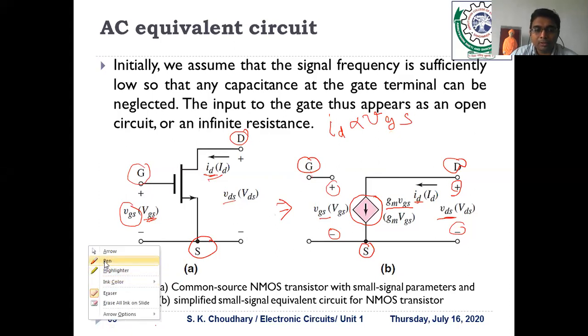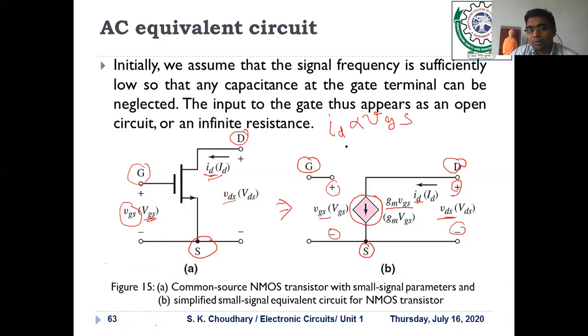As your ID is proportional to VGS, it is the same kind of relationship as Ohm's law. So there is some proportionality constant multiplied with this VGS, and here that proportionality constant is GM. The GM is called the transconductance.